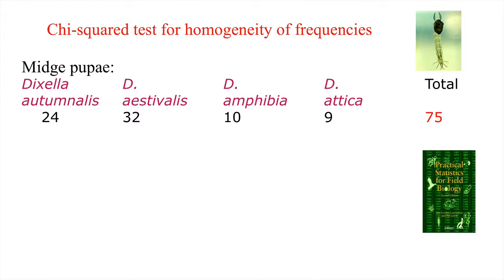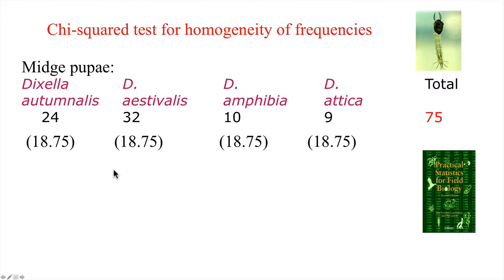Well, the expected frequencies of these midge pupae species, if indeed they were homogeneously distributed, i.e. they were all equal proportions, is that total number of observations divided by 4, i.e. 18.75 in each of these cases.